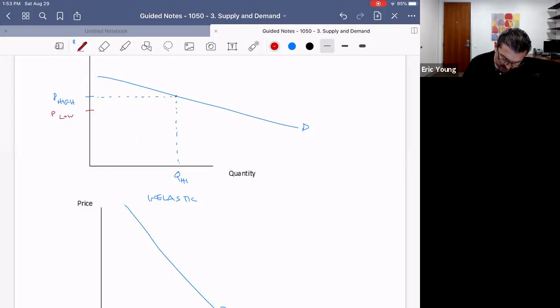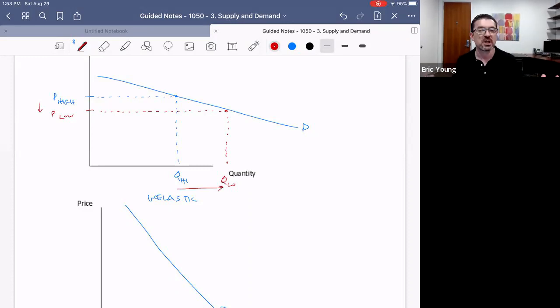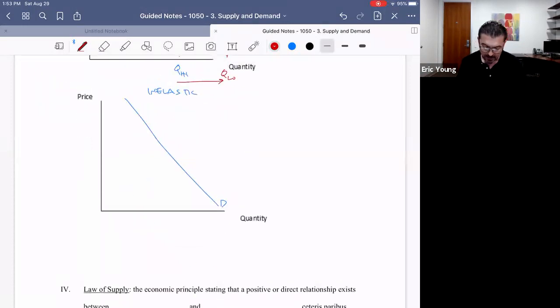Call this price low. Drop this line across. We drop it down. We have the quantity low. You notice that because of the flatness of the curve, even a relatively small change in price has led to a bigger change in quantity demanded. It's responsive, it's elastic.